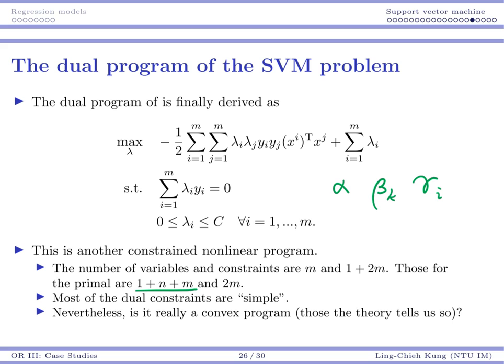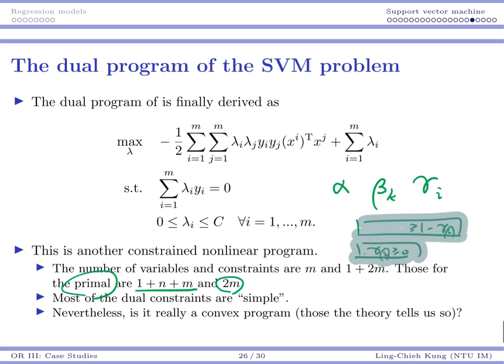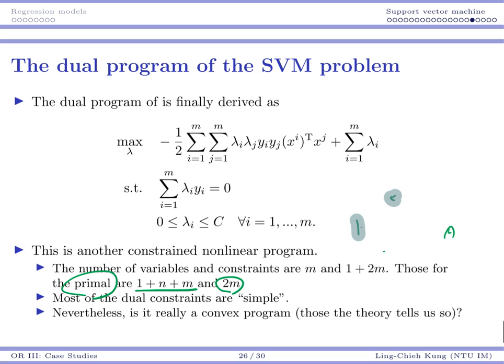Also, regarding constraints, for your primal problem you have two sets of constraints, right? One is saying that gamma should be non-negative. The other one is saying that your imperfect separation is, and so on. Both are for each i, and that's how you get 2m primal constraints. Maybe you would feel that the constraint number seems to be just the same. But don't forget that for the dual program, most of the constraints are in a very simple format.